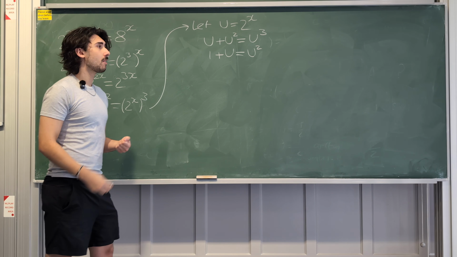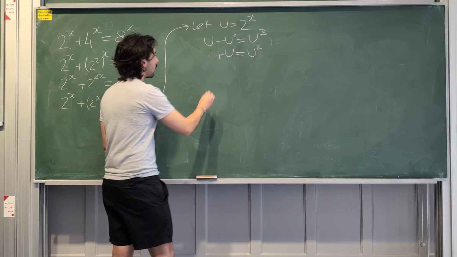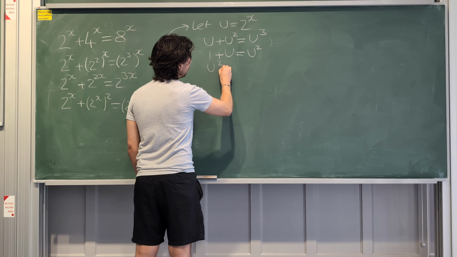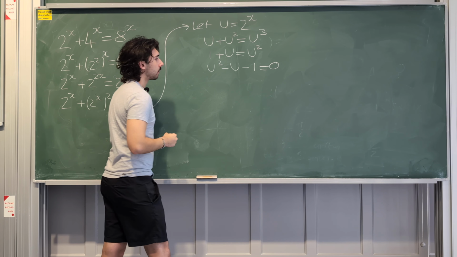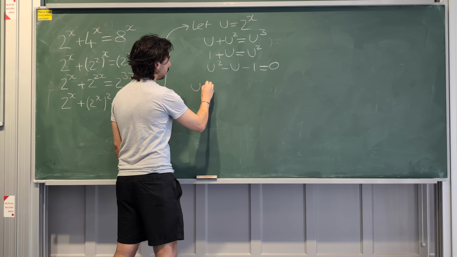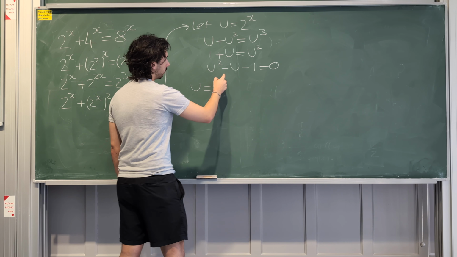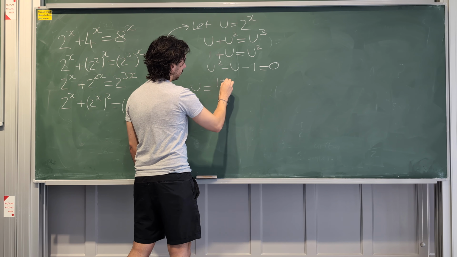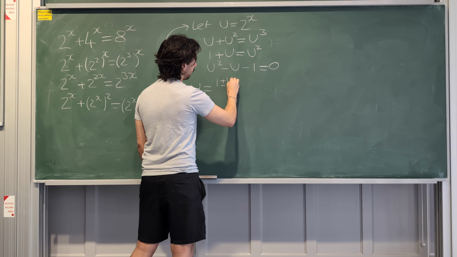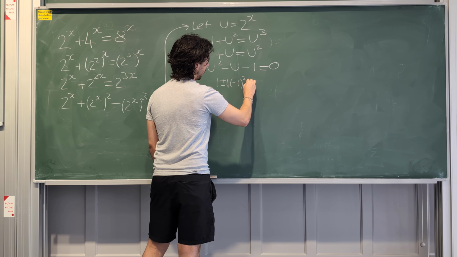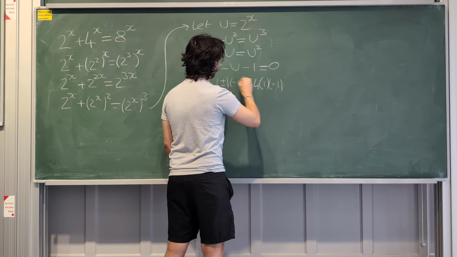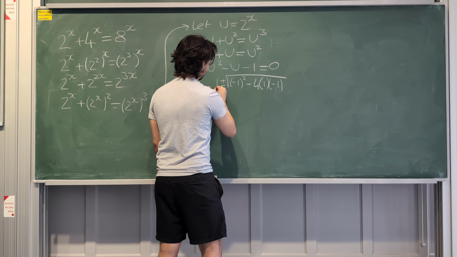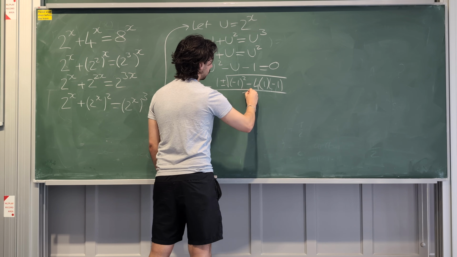And now this is a quadratic equation. So we can rewrite it as u squared minus u minus 1 equals 0. And then we can use the quadratic formula. So 1 plus or minus the square root of minus 1 squared minus 4 times 1 times minus 1, all over 2 times 1.